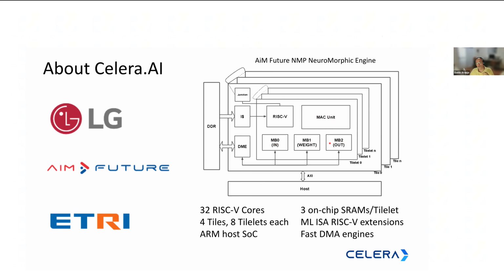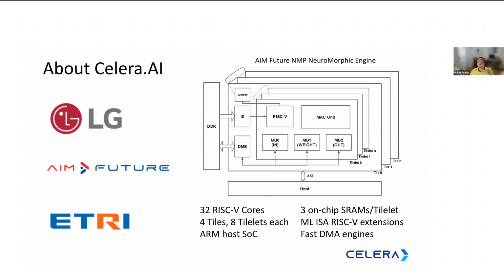So the compiler has full control of the data movement, which is really good. You don't have to trust the uncertainties of a cache hierarchy. One scratchpad is used for the input, another for the weights, and another for the output, and it can be as large as you want.